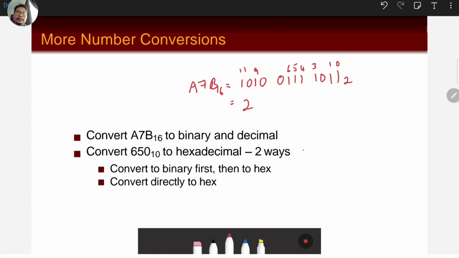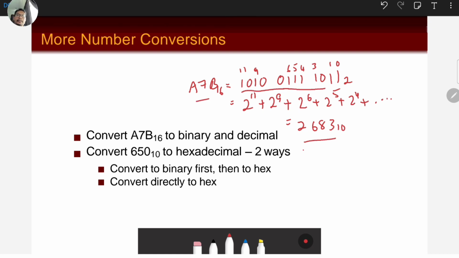So it's actually 2 to the power of 11 plus 2 to the power of 9 plus 2 to the power of 6 plus 2 to the power of 5 plus 2 to the power of 4 plus, and so on. If you do the calculation correctly, we should get a decimal value of 2683 base 10. So these are all equivalent: base 16, base 2, and base 10.